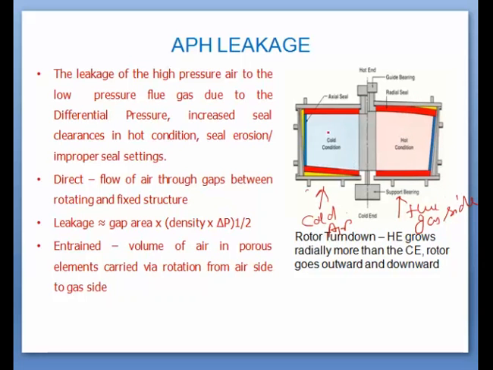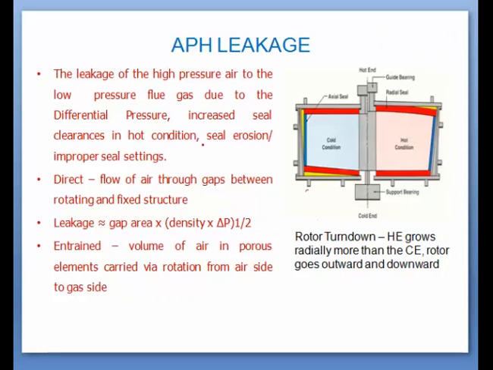So there will be a pressure difference, and the cold air side will be at higher pressure in comparison with this side, which is at low pressure. So this leakage is because of the differential pressure.